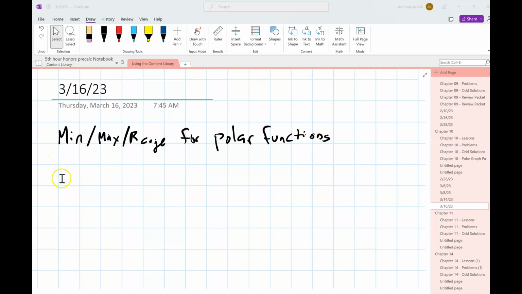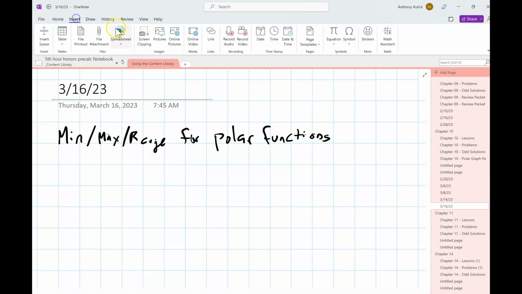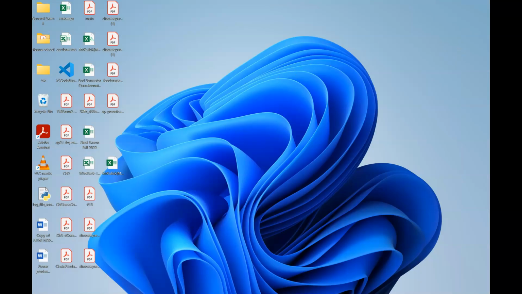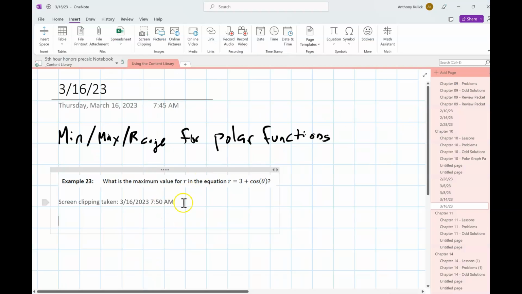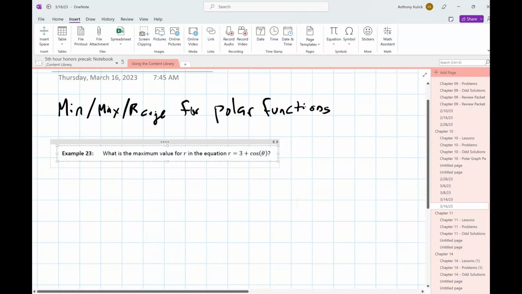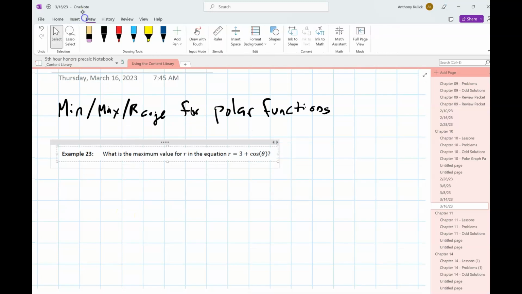So we'll just start with a maximum question. So say we want the maximum value for r in the equation r equals 3 plus cosine theta.